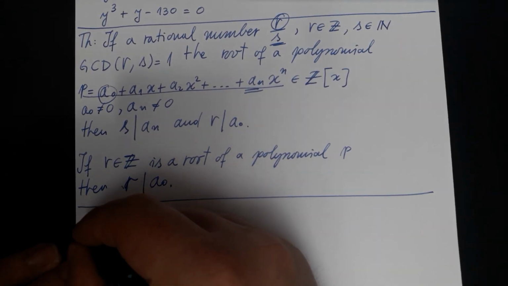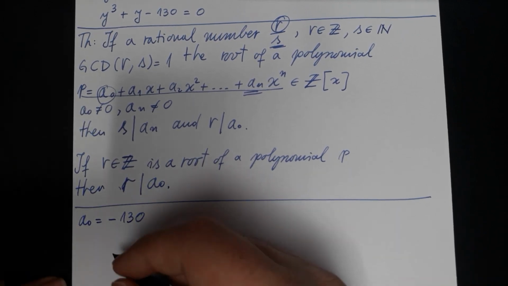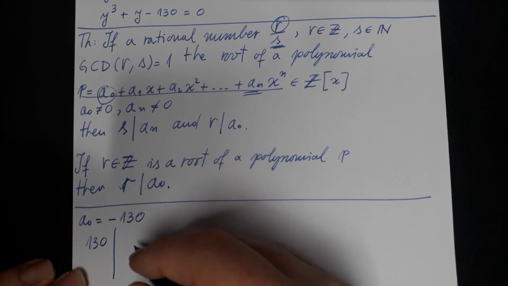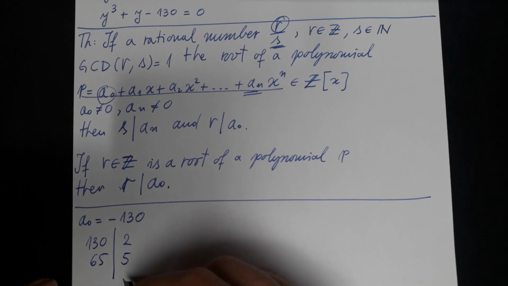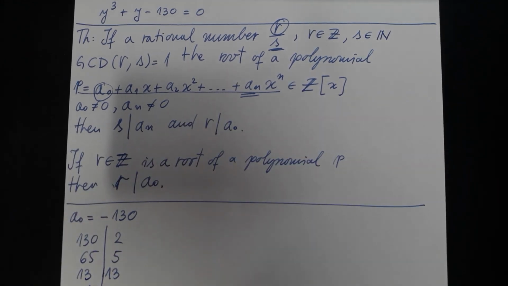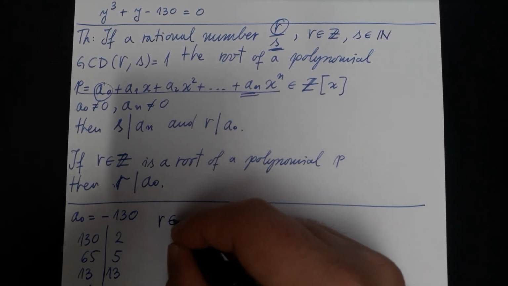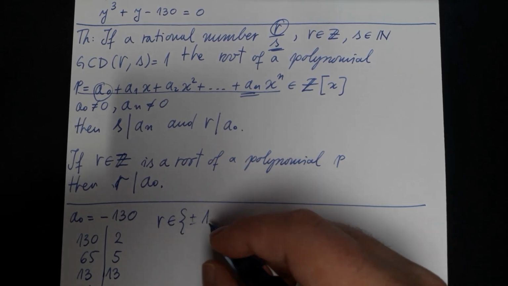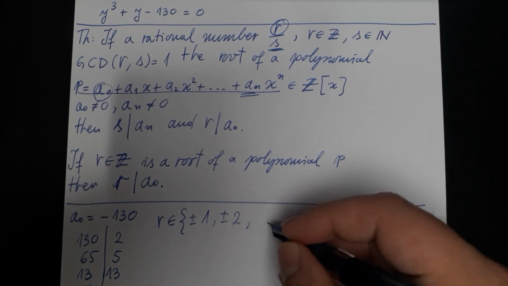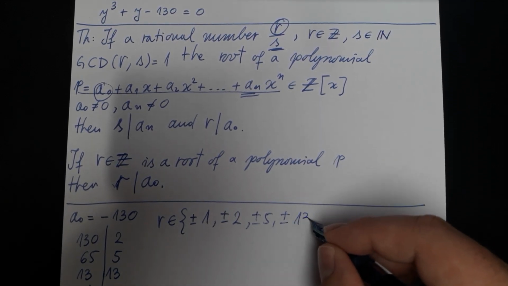Now I will show you how to use this theorem for the problem we are given. Basically, we have that a0 is negative 130 in this problem, and 130 we can divide by 2 and we get 65. Then we can divide 65 by 5 and we get 13. 13 is a prime number divisible by 1 and 13. Well, this means that our number r is in the set of plus or minus 1, plus or minus 2, plus or minus 5, and plus or minus 13.